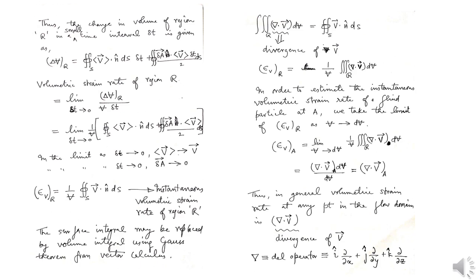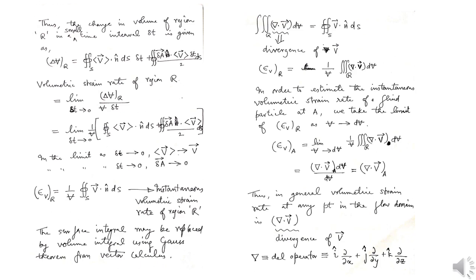This is how you define the strain rate of any type: the change in length or change in volume in the numerator, divided by the time interval, upon the original volume. That gives me the instantaneous volumetric strain rate of region R.